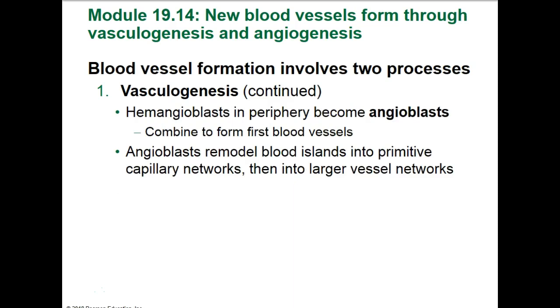Okay, the hemangioblasts in the periphery become angioblasts, and they combine and form the first blood vessels. Then the angioblasts remodel the blood islands into the primitive capillary networks, and then they become larger vessel networks.